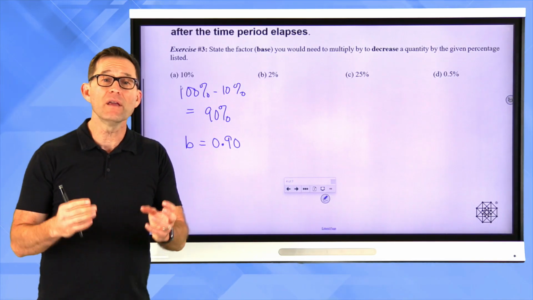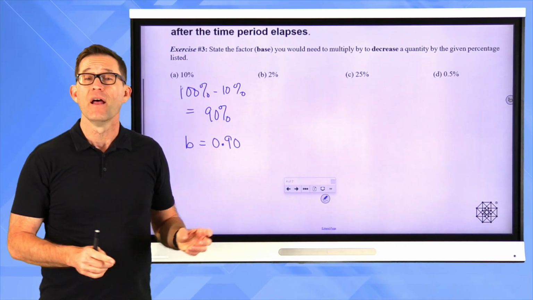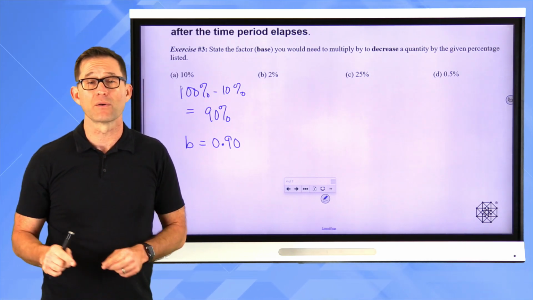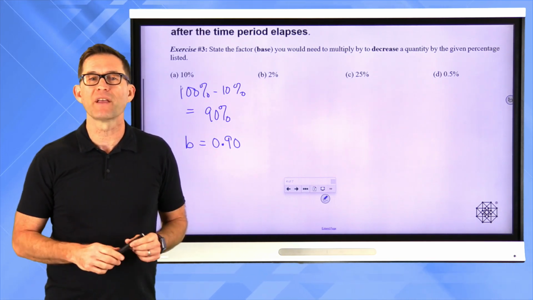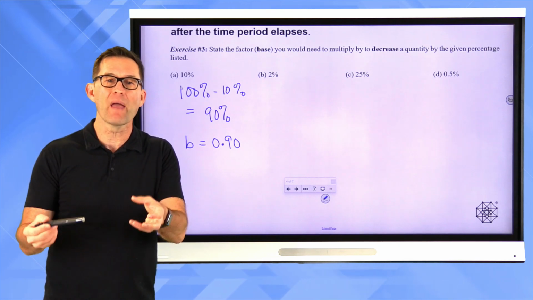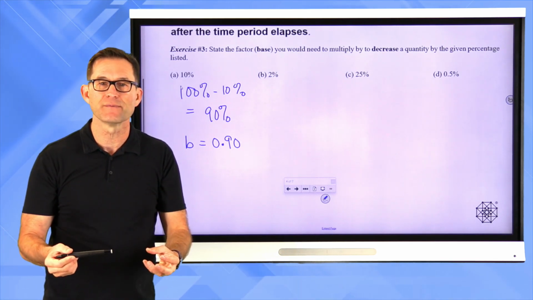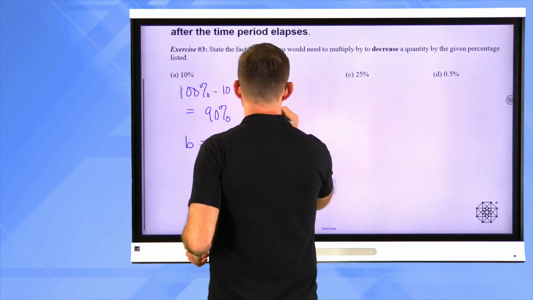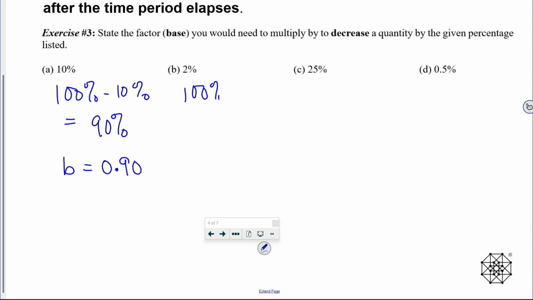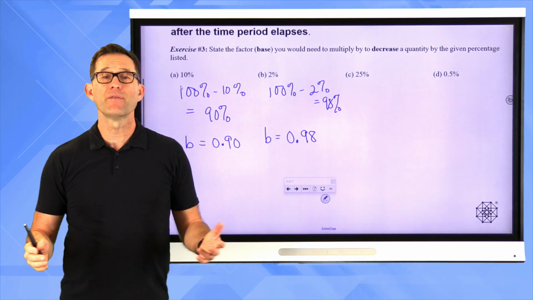So if I want to decrease by 10%, then I'm not going to multiply by 0.10 or by 1.10, but I'm going to multiply by 0.90 because that is the percent that I have remaining after I've done the decrease. Likewise, if I was decreasing by 2%, then I would have 100% minus 2%, which would be 98%, and that would mean I would want to multiply by 0.98. Very, very simple.